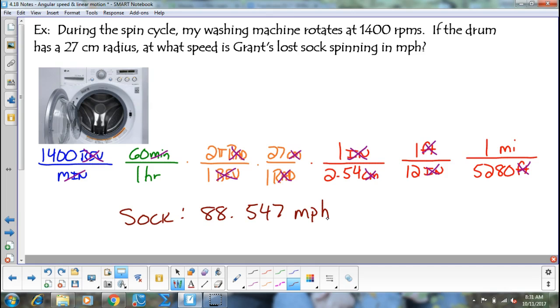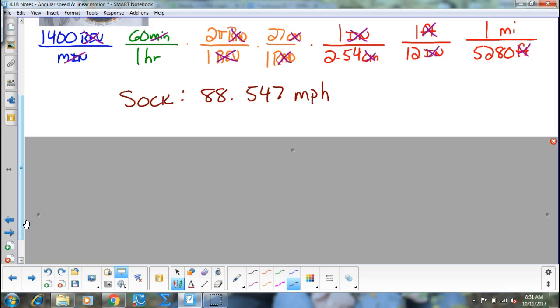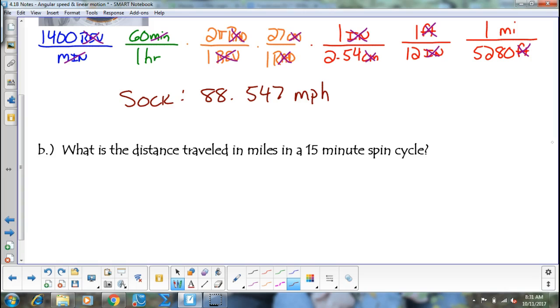Okay. Now, follow-up question to that one is, what is the distance that that sock traveled in a 15-minute spin cycle? So it's staying on the edge, because that's where it's spinning. Centrifugal force will push it out to the edge.